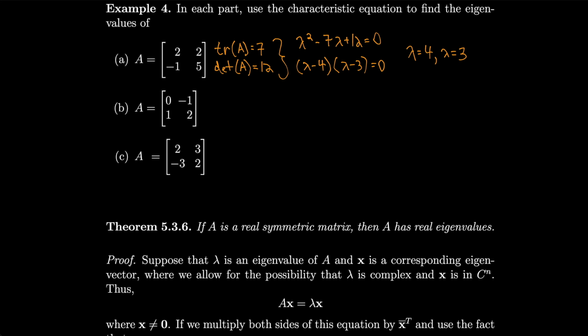For the next one, how about we get the trace and the determinant again? So the trace is 2. The determinant is 1.